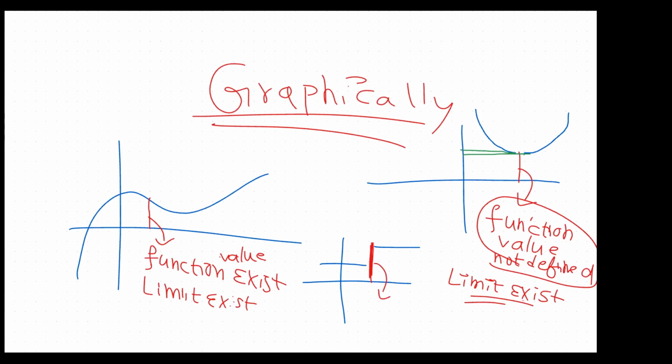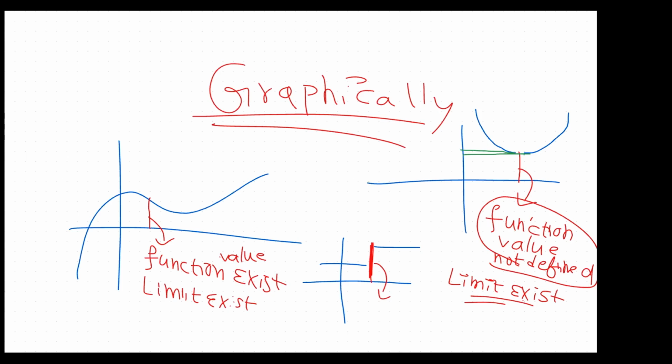Yes, sir. No, since breakage is there, the function value may or may not exist. You can't say that, okay? Last time at that point it was defined, because below they were asking you to take some function, an equal-to symbol came, no. That's why the function existed, okay?